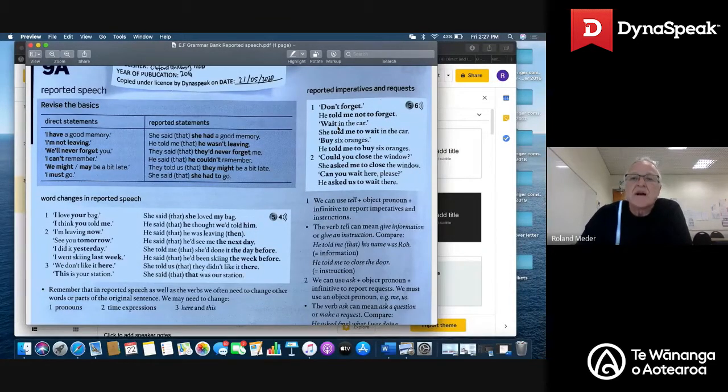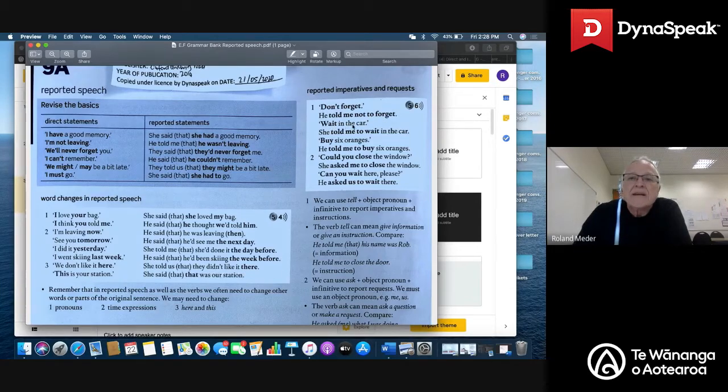All right, it's a command, an order, wait in the car. She told me to wait in the car. So look what happens. Negative one, don't forget, we say he told me, then we put not. And then this verb here, we put a to in front. That's the infinitive form. He told me not to forget.